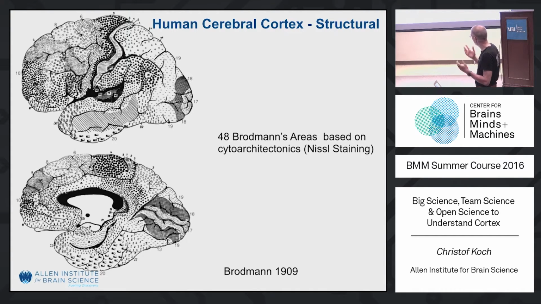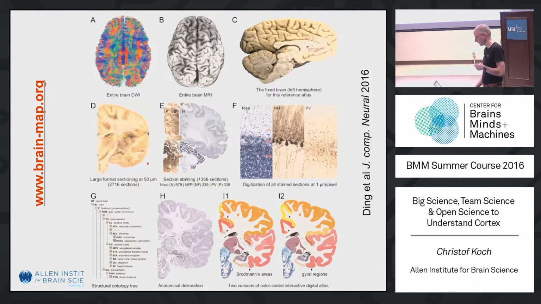In the human, he designated areas numbered 1 through 52, based just on structure, tiny differences in the way the neurons, the cell bodies and the myelin are arranged. And that's still by far the most popular map we use today.